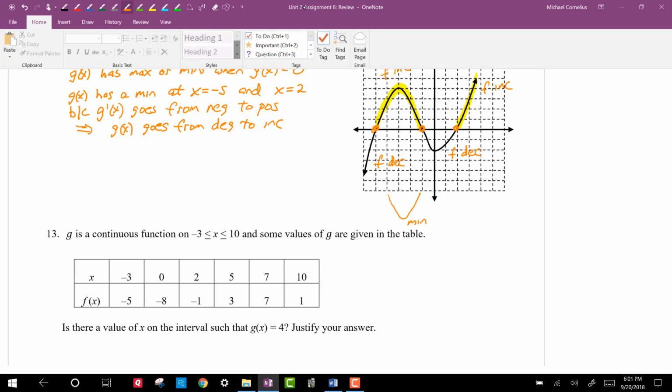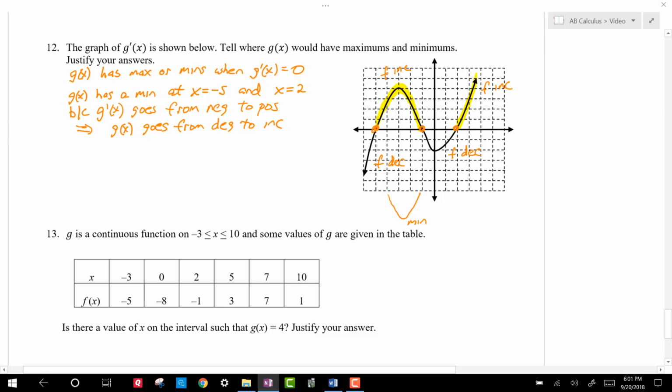All right? And then I've got a couple others here. Actually, we only have one more right over here. X equals -1. G of x has a max at x equals -1 because g prime of x goes from positive to negative.